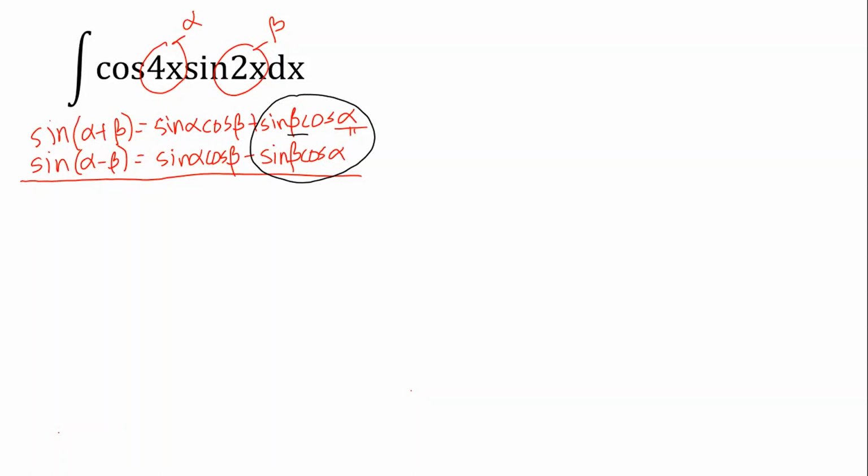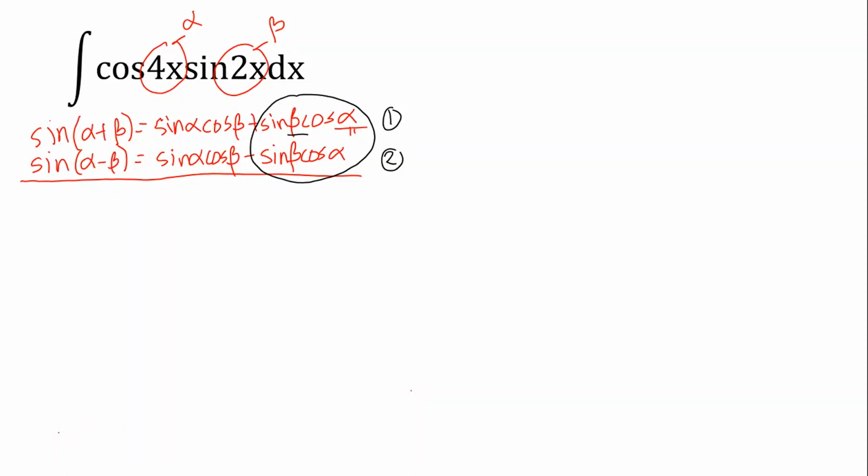So we combine sine alpha plus beta and sine alpha minus beta. Let's say this is our first equation and this is our second equation. However, if we combine the two equations, our sine beta cosine alpha would be eliminated because they have opposite signs, positive and negative.